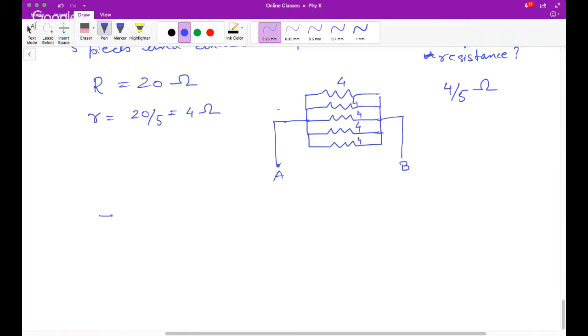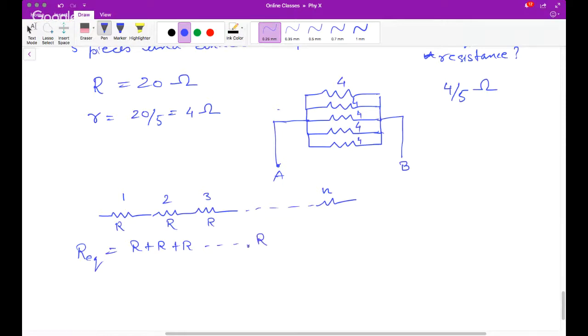So let's say there are n resistances in series, like that. This is 1, this is 2, this is 3, each of R. Let's say this is the nth resistor. So R equivalent in series, what is that? You simply add all the resistances.